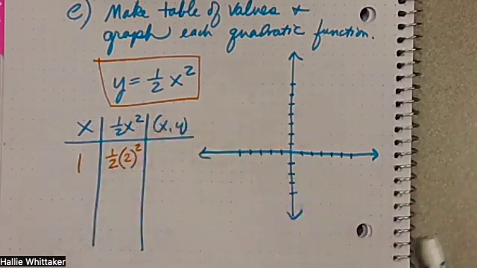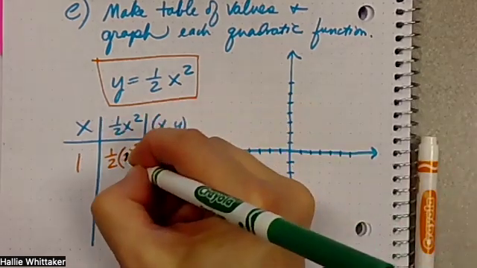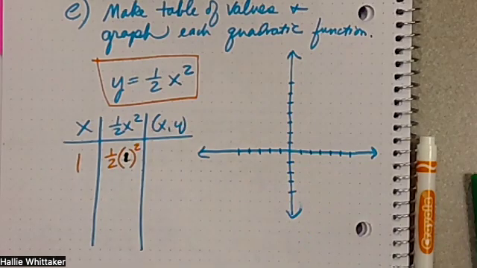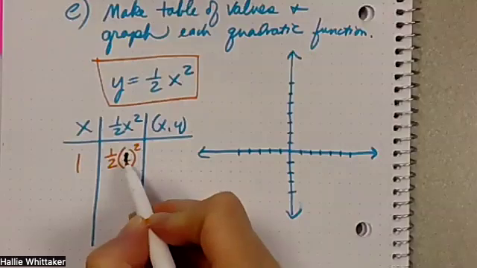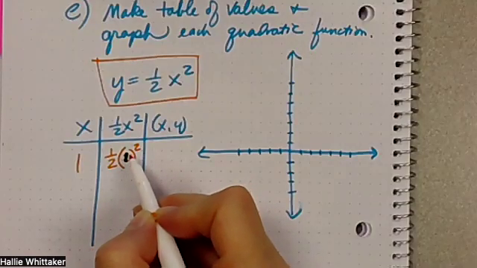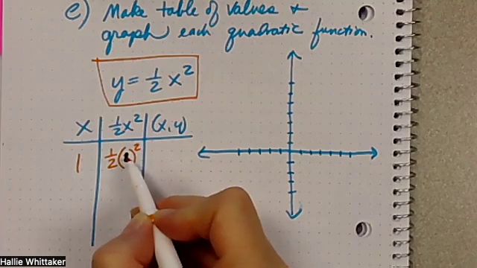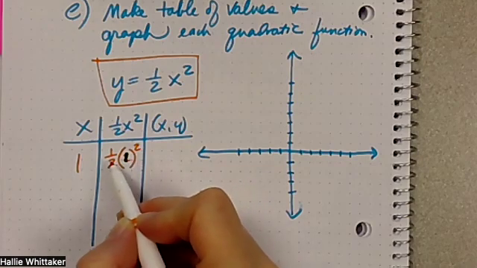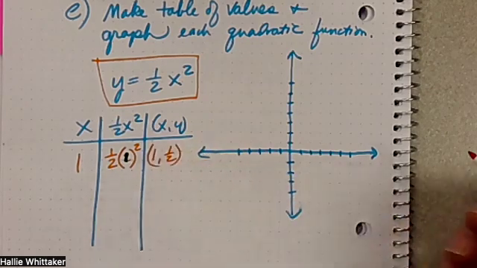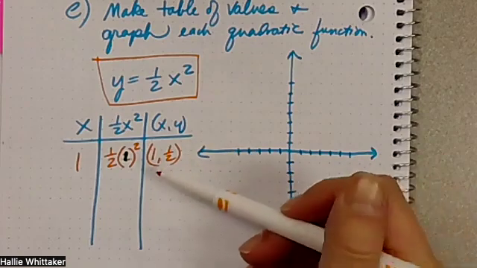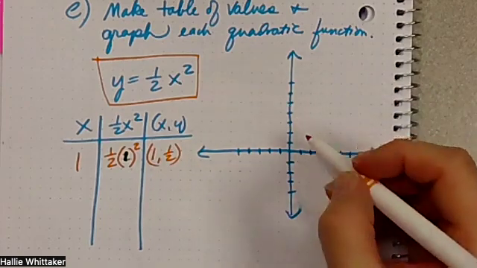X is 1. So y'all think order of operations, do we multiply first or do the exponent first? Yeah, exponent first, PEMDAS. So 1 squared is 1, and 1 times 1/2. There you go. So this is 1 comma 1/2. Yeah, 2 actually would have been better. Should have gone with Katie's idea, but we can add it in a minute.